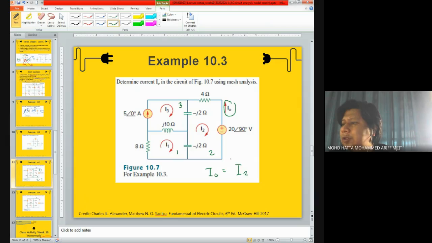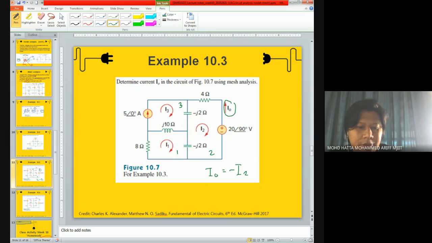Since the direction of I2 and IO is opposite, IO is basically negative I2. If you know I2, then IO is solved. Just put a negative value over here. This is because I2 is going this way, and IO is going in the opposite direction of I2.